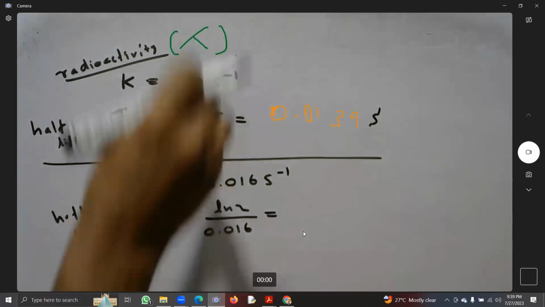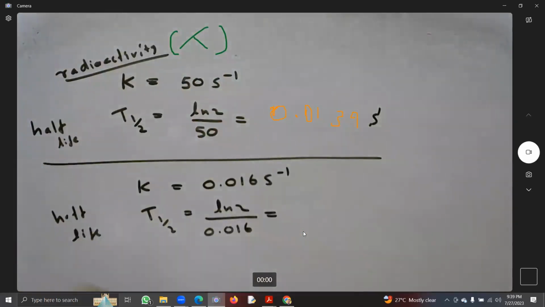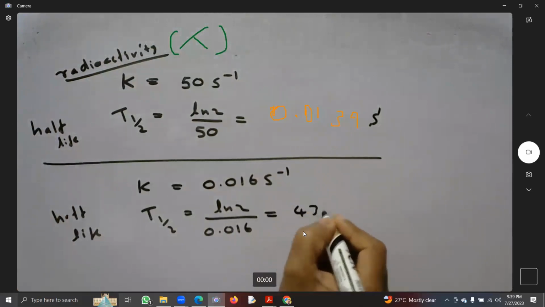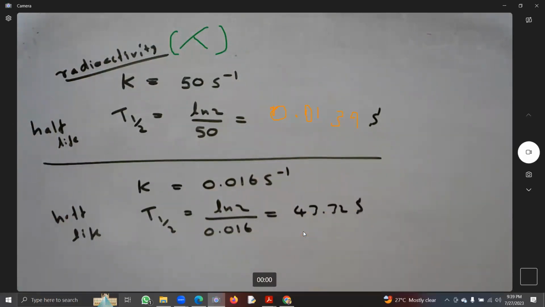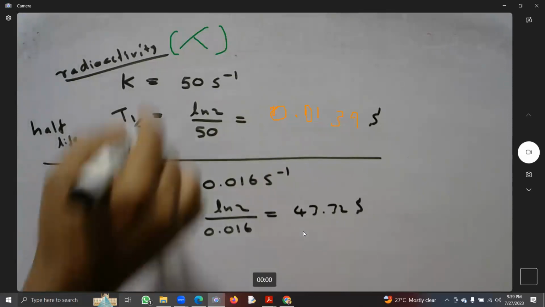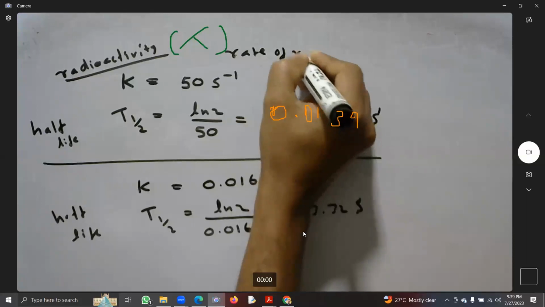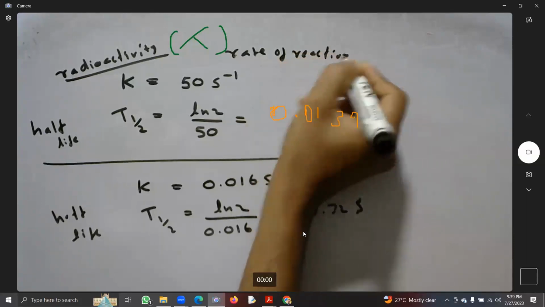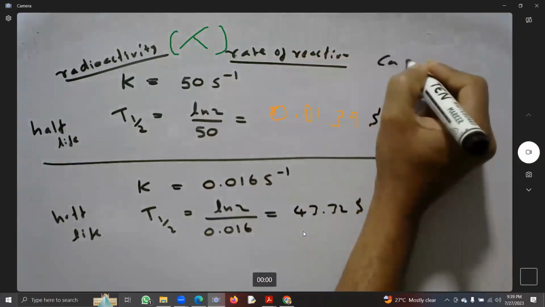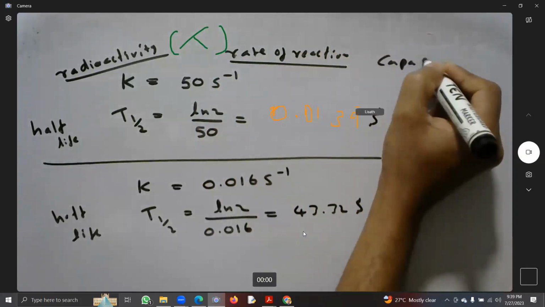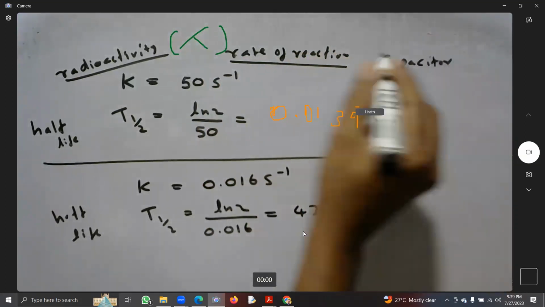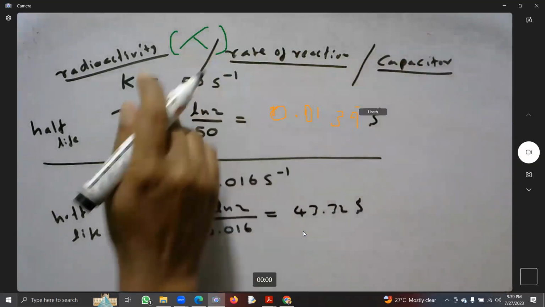It is 43.32, about 43.3. So now you can say it's general. It can be radioactivity half-life, rate of reaction half-life, or capacitor half-life.